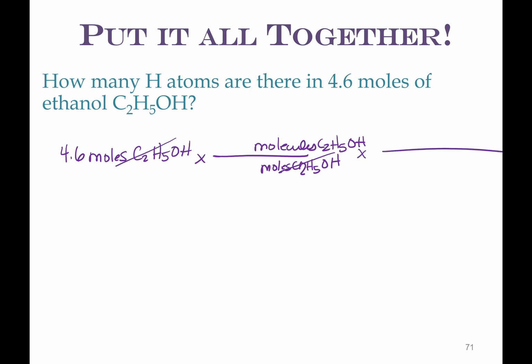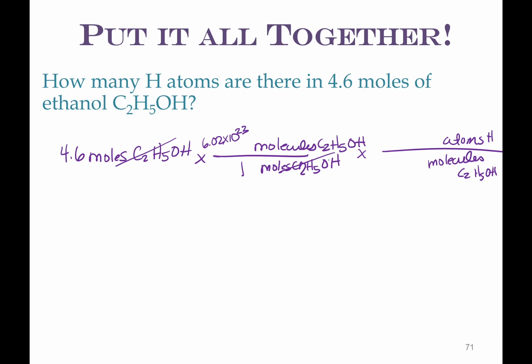We want to go from molecules of ethanol to atoms of hydrogen. Okay, so in 4.6 moles, we have 1 mole, because remember the 1 always goes with moles, to 6.02 times 10 to the 23rd molecules of ethanol.